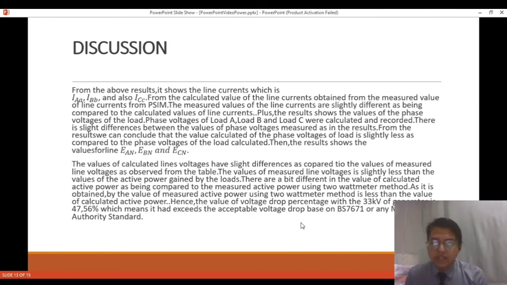There is a bit of difference in the value of calculated active power compared to the measured active power using the two wattmeter method, as the measured active power using two wattmeters is less than the calculated active power. Hence, the voltage drop percentage with the 33 kilovolt generator is 47.56%, which means it has exceeded the acceptable voltage drop based on BS 7671 or any Malaysian authority standard.